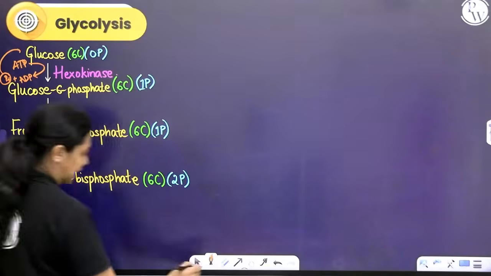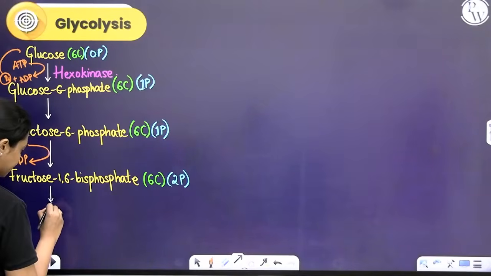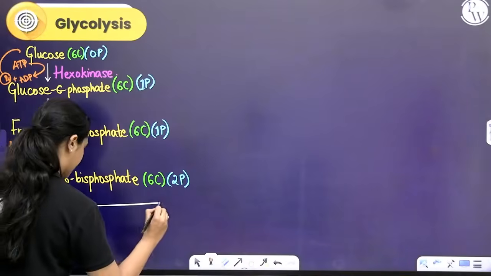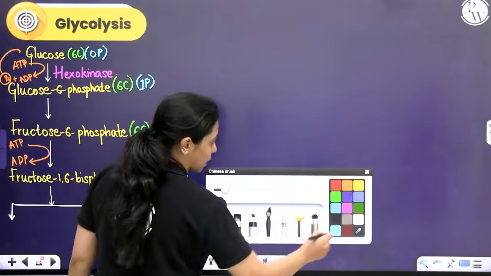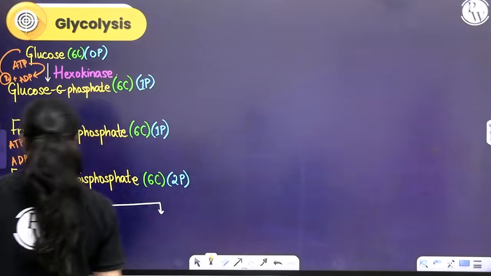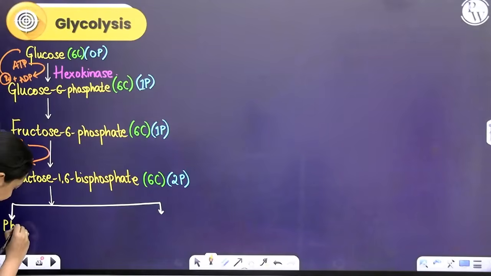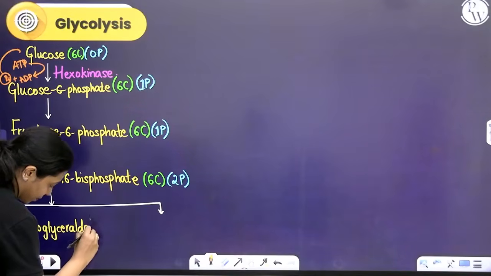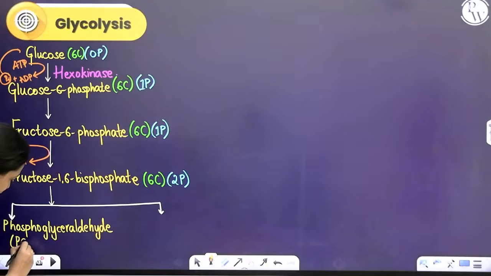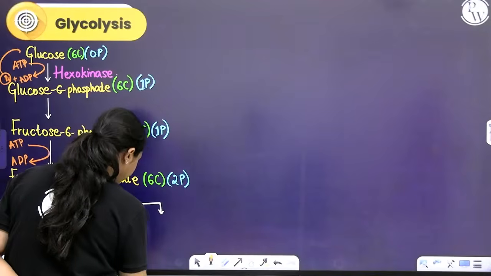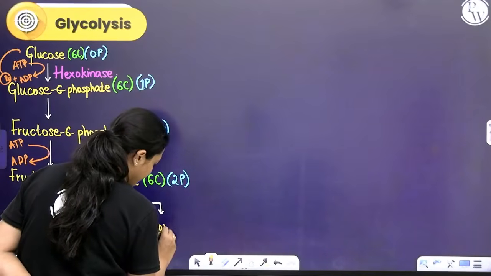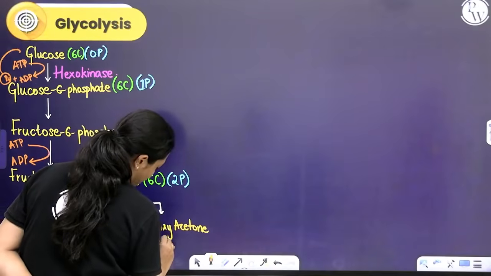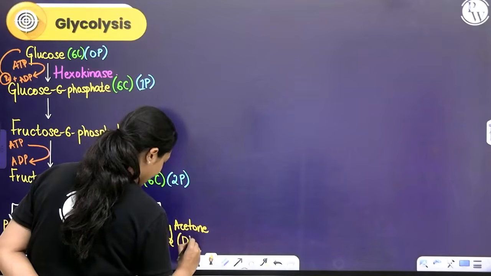3 steps. In the next step, this fructose will split to form 2 molecules: phosphoglyceraldehyde, which is abbreviated as PGAL, and dihydroxyacetone phosphate, which is abbreviated as DHAP.